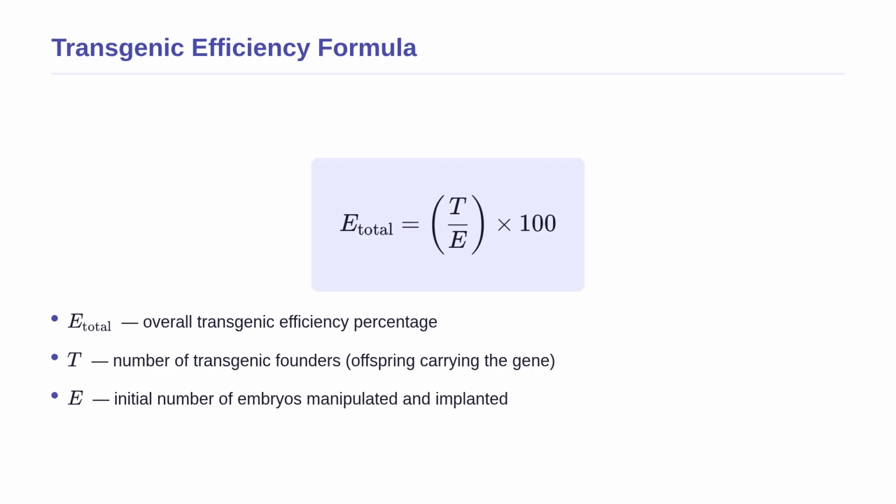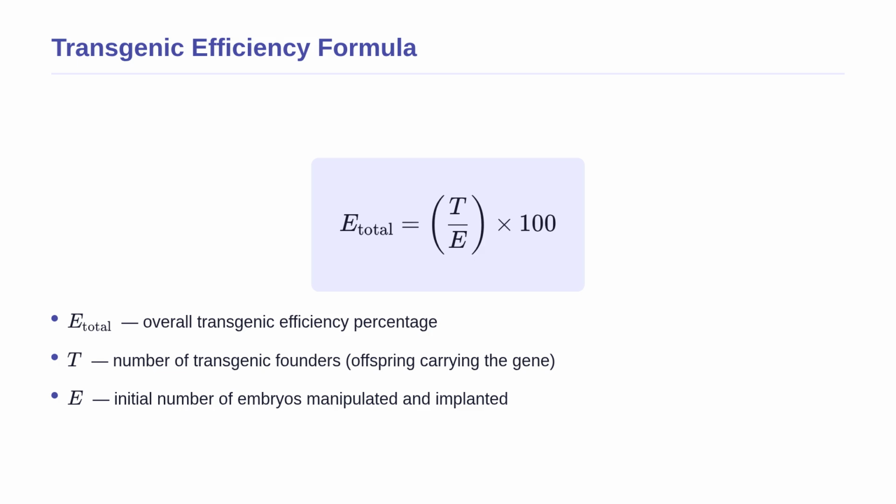While birth efficiency tells us about survival, it does not tell us if the gene transfer actually worked. For that, we need the transgenic efficiency formula. This metric calculates the overall success rate of the entire procedure, from start to finish. Here, E total represents the overall transgenic efficiency percentage.